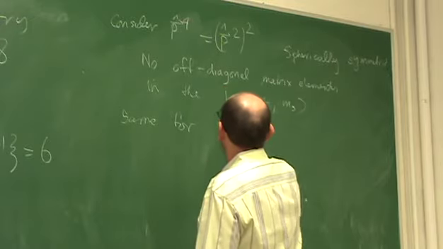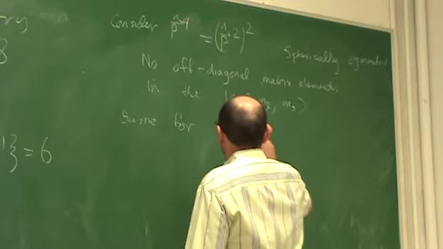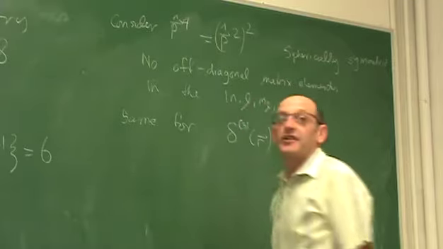The same is true for the Darwin term, which is a delta function relative to the origin.